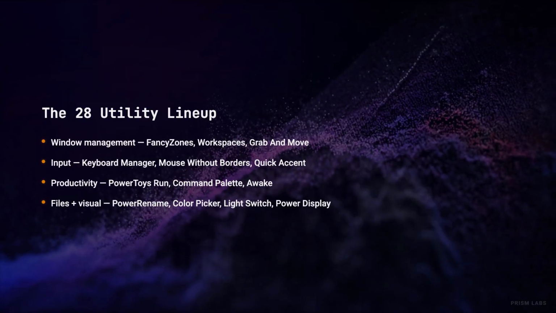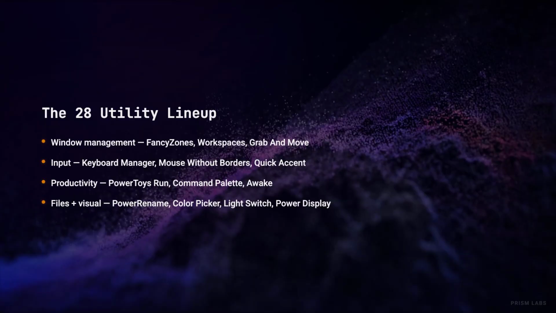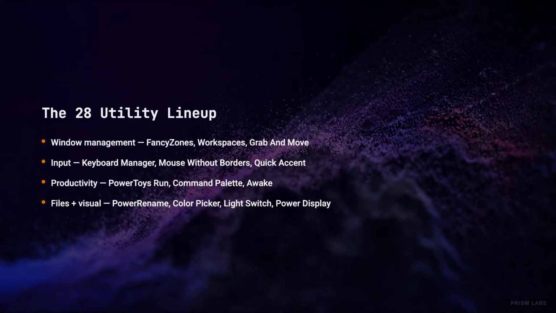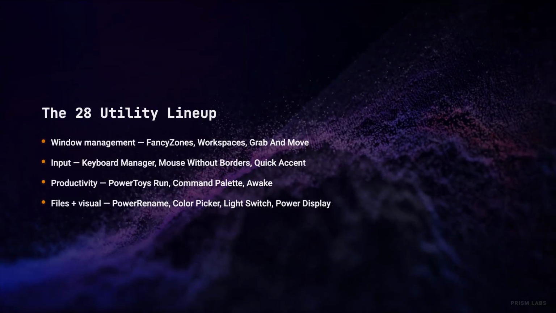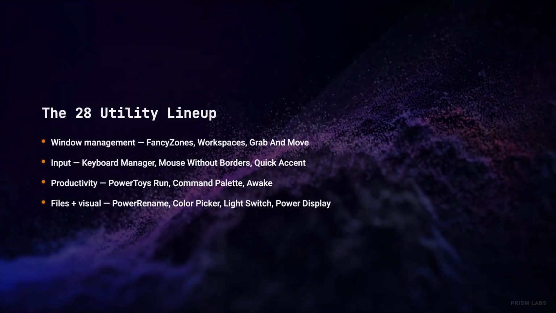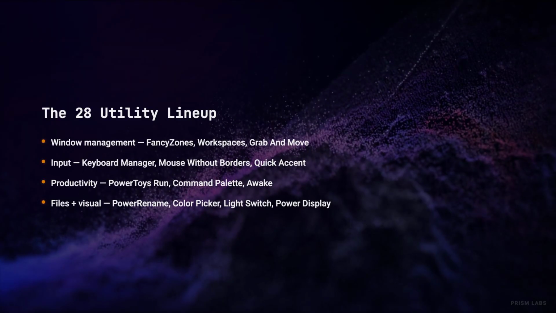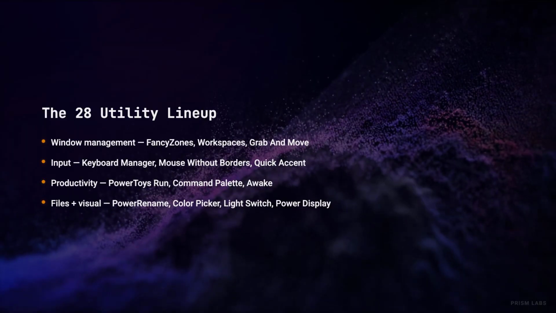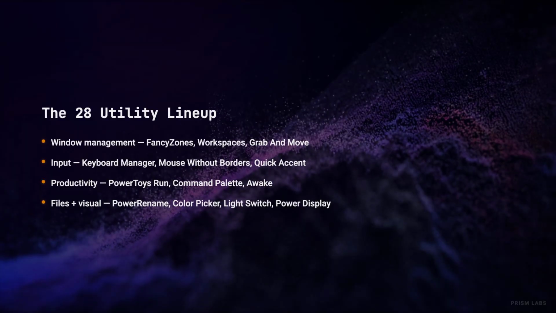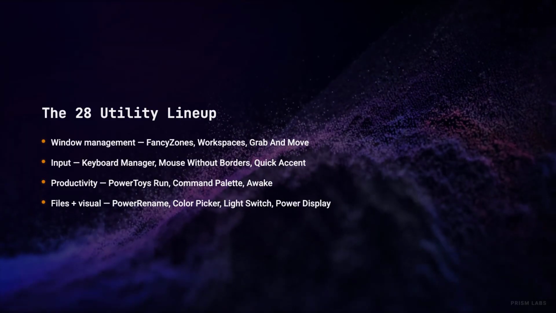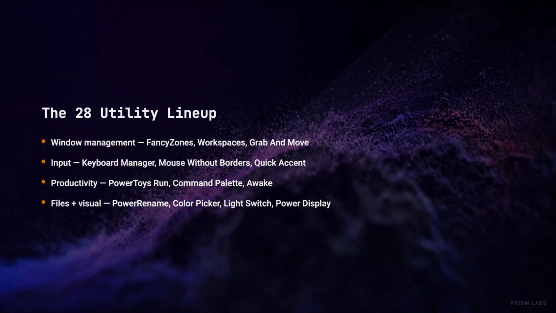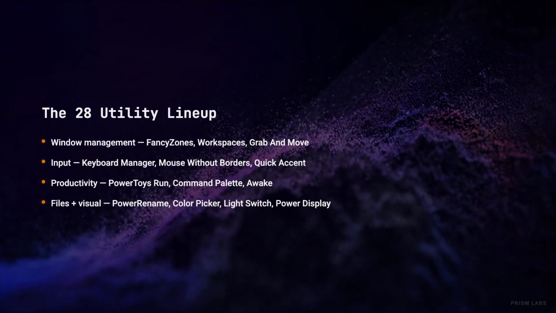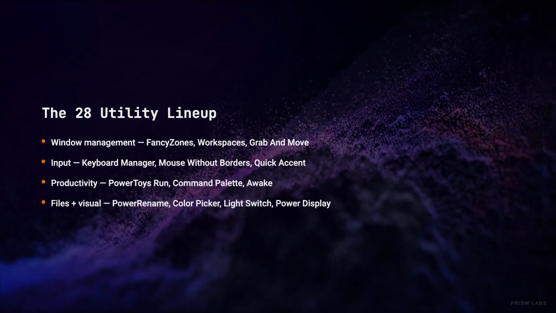File management: PowerRename for bulk rename, File Explorer add-ons for previews, Image Resizer, Hosts File Editor, Crop and Lock. Visual: Color Picker for picking any color, Light Switch for theme automation, Power Display for monitor control. Text: Text Extractor for OCR, Advanced Paste with AI assistance, Quick Accent. 28 utilities in total, with new ones added every few releases.